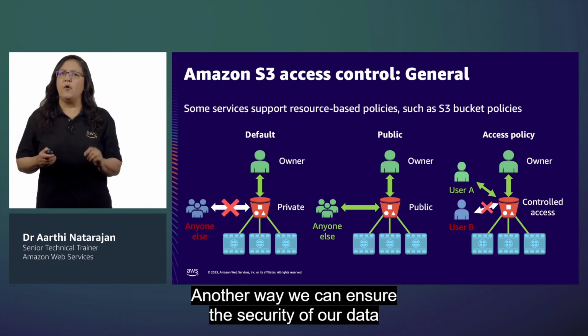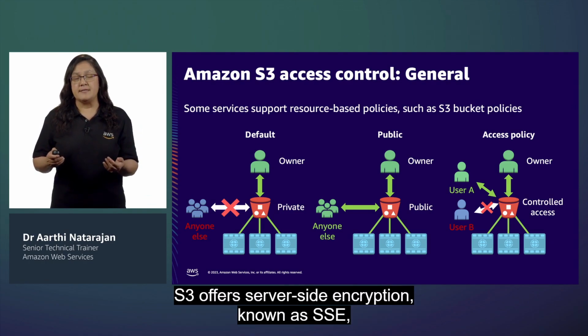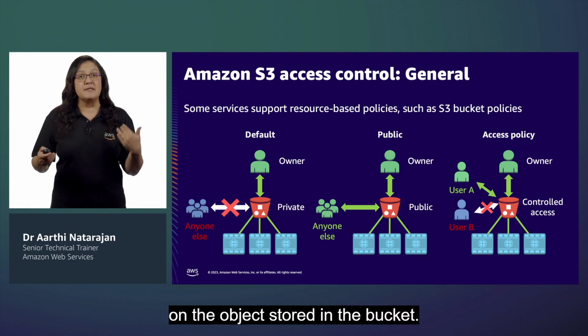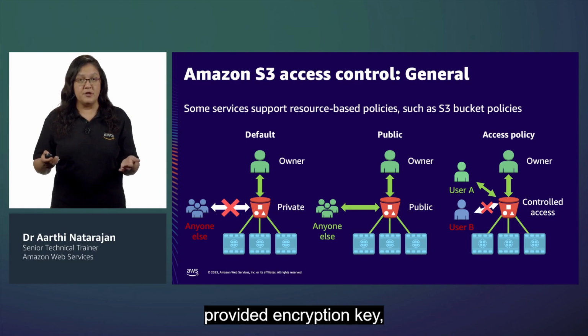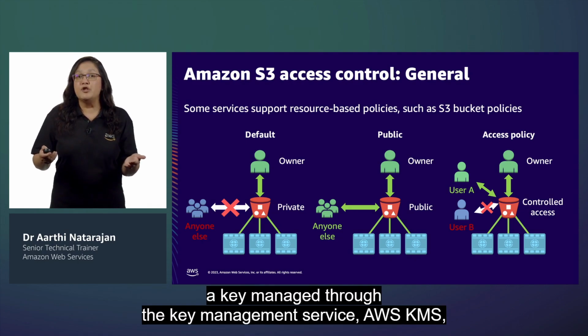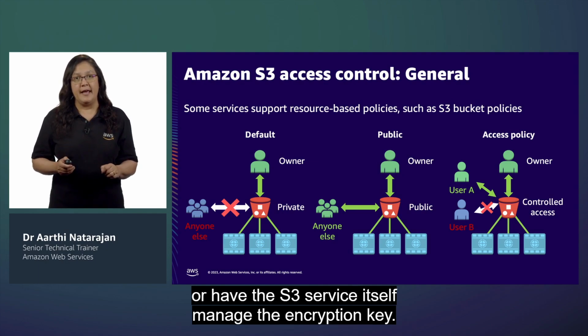Another way we can ensure the security of our data is to utilize various forms of encryption on objects in a bucket. S3 offers server-side encryption, known as SSE, on the object stored in the bucket, and you can do this encryption either by using a customer-provided encryption key, a key managed through the key management service, AWS KMS, or have the S3 service itself manage the encryption key.